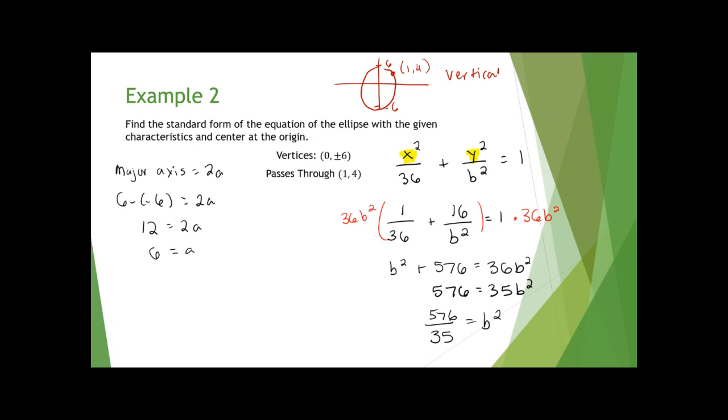And we want to reduce that. So I'm going to just let my calculator reduce that. Wait a minute, did I multiply something wrong? Because that did not work out. 16 times 36, 576. Subtract 1, 36 minus 1, that's 35. Okay, somewhere in here I had to have made a stupid math error.